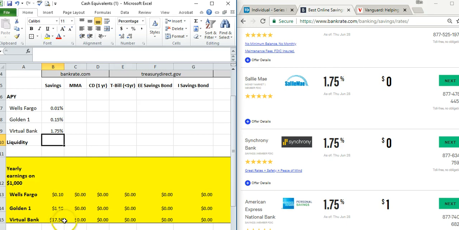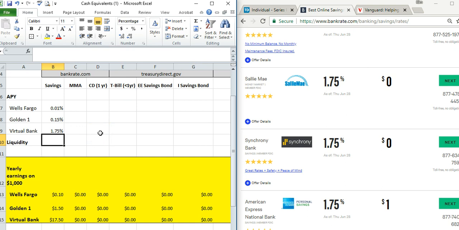So who are you? Are you a Wells Fargo person who wants to earn 10 cents? Are you a Bank of America person who wants to earn 30 cents? Golden One at $1.50, or a virtual bank at $17.50? And remember, keeping this in there, it's going to compound. And also, I want to say that most people don't do virtual banking because they don't know about it.